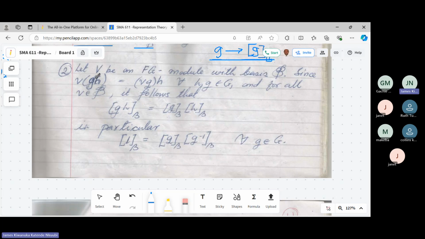So to check it's a homomorphism, you need to check if you get a product of 2 elements, where is it sent? It's sent to the matrix for this element GH.